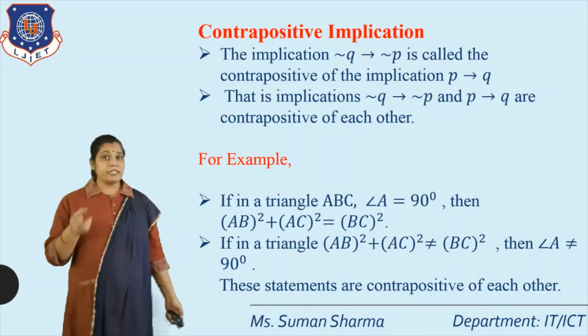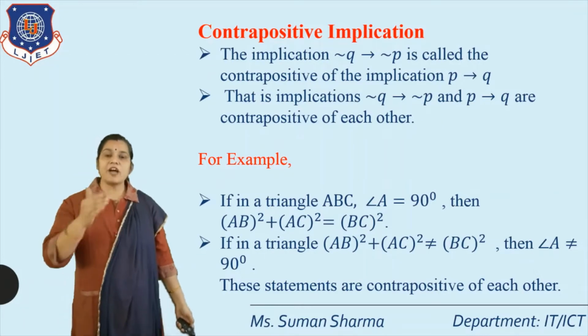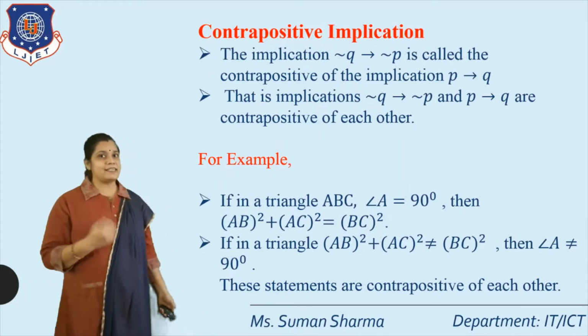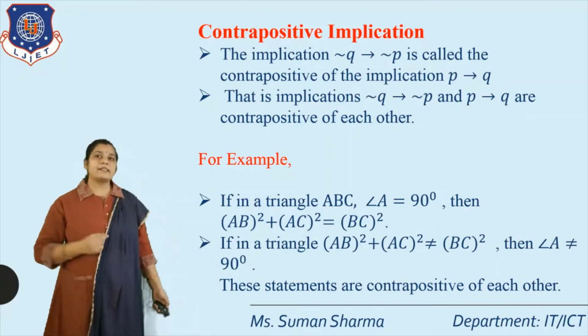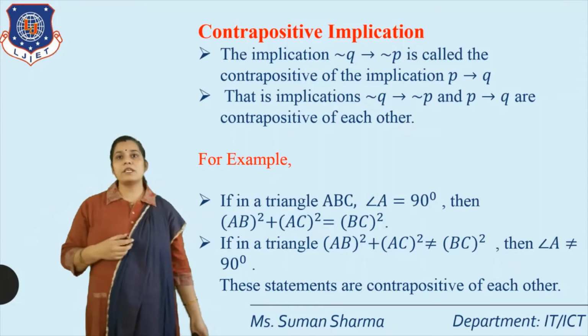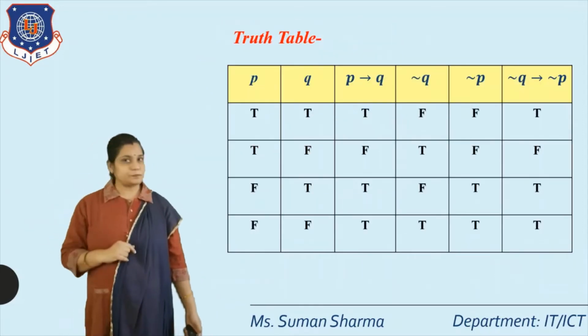If in a triangle AB square plus AC square is not equal to BC square, that means what? That means the angle A is not equal to 90 degrees. So these two statements are contrapositive of each other.